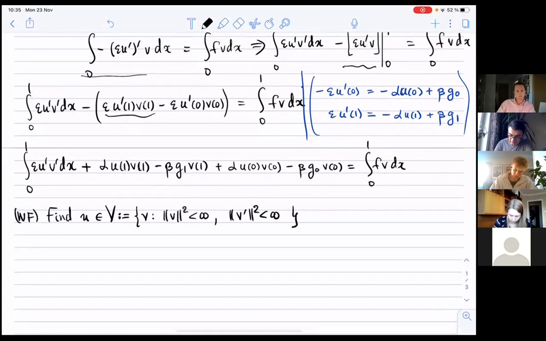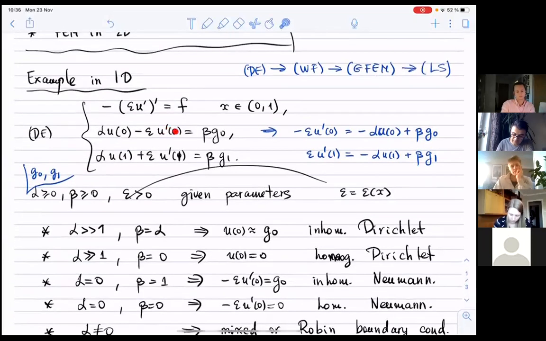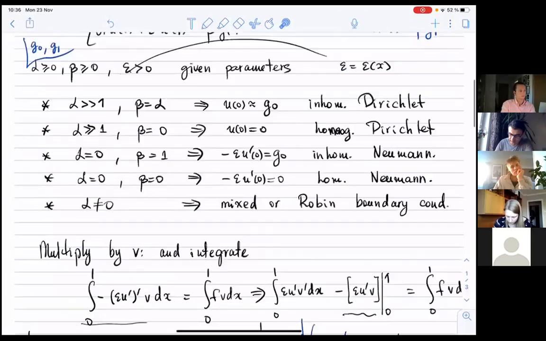And that's it. We don't prescribe the Dirichlet boundary condition here. So here it is mixed because we have to solve for u prime. The boundary condition is not given there exactly, but we have to solve it from the second equation for the boundary.